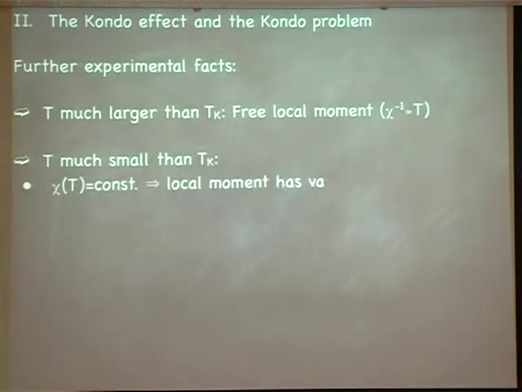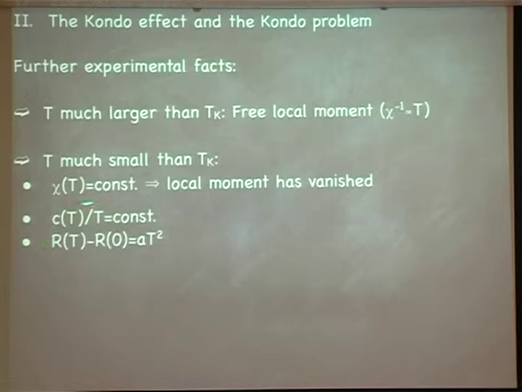If T is much smaller than T_K, what you observe, in fact, is that chi is a constant. Now, chi being constant means you don't have any local moment. Also, what you observe is that the specific heat is also constant: C over T is a constant. And as I told you before, if you measure the resistance at low temperatures, it deviates from the zero temperature resistivity like a T-squared law.